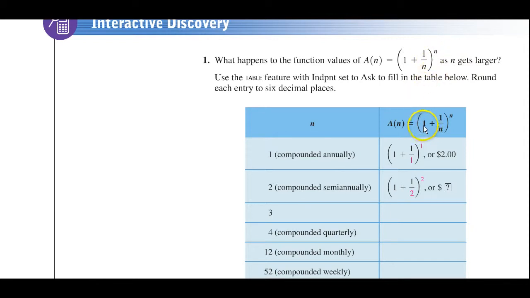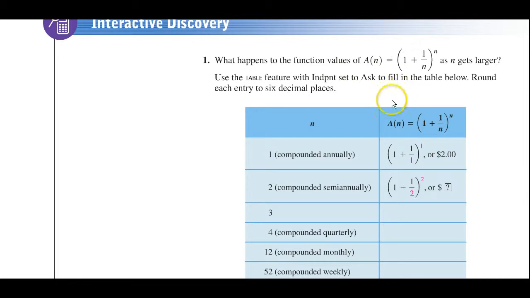Well, when n is 1, this is 1 plus 1 over 1, which is 2. 2 raised to the first power, because this is a 1 also, is just going to be 2. So again, you would never be able to get your money doubling after 1 year.